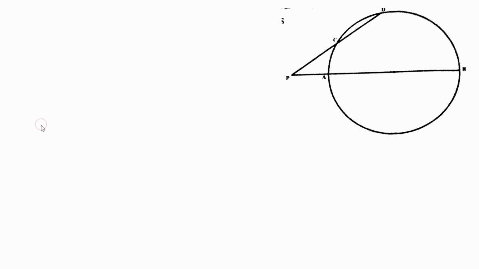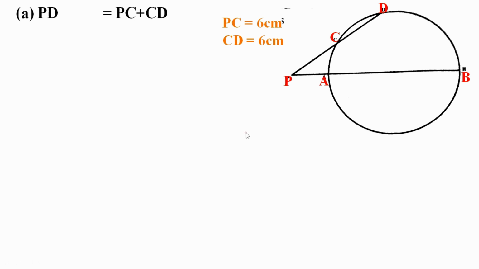Let us look at the figure once again. Given that BC equal to 6 cm, CD equal to 6 cm. From the figure, PD equal to BC plus CD, that is equal to 6 plus 6, or 12 cm.